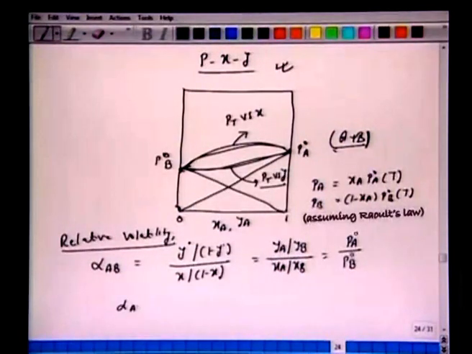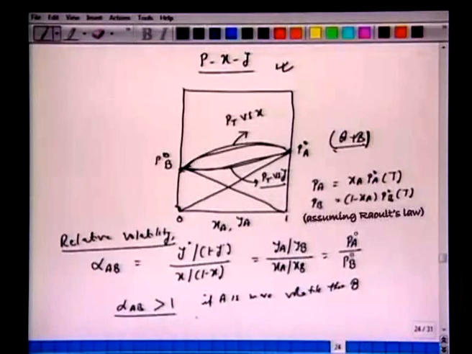So volatility must be larger than 1, in fact much larger than 1, if A is more volatile than B. Okay, and one can also show that if alpha equals 1, that means y star equals x and there is no separation. No separation is possible.